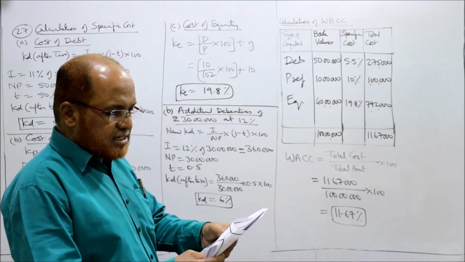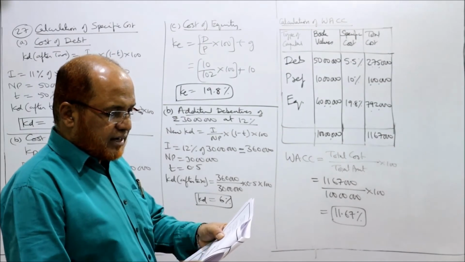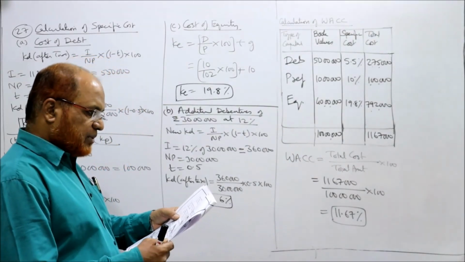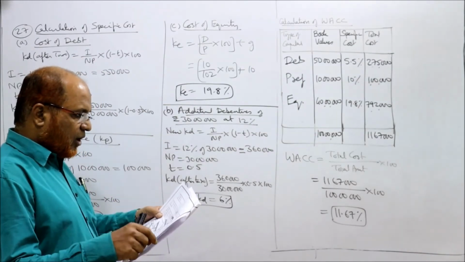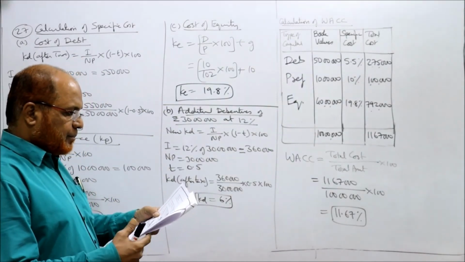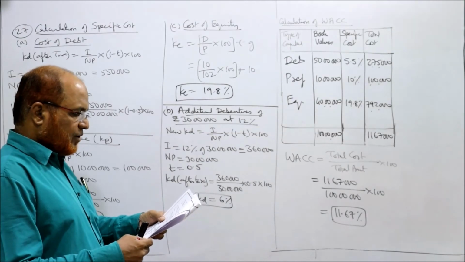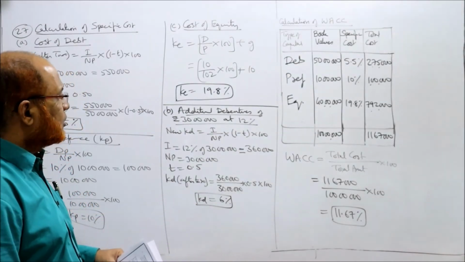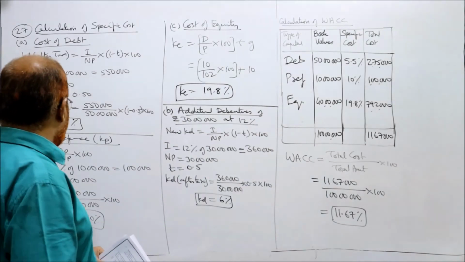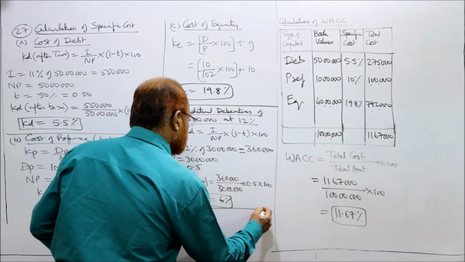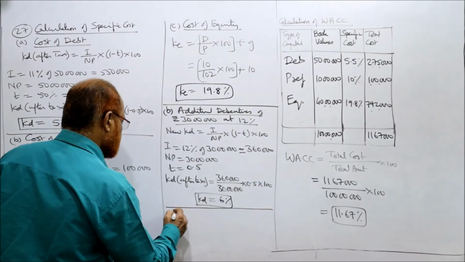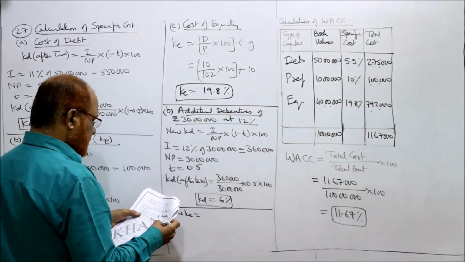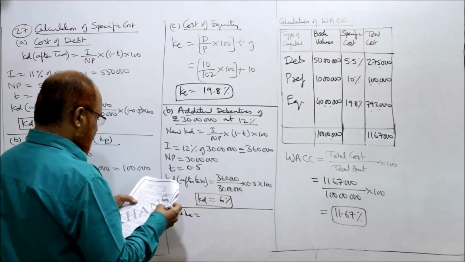If the resultant changes are increase in dividend rate from 10 rupees to 12 rupees, reduction in growth rate from 10 to 8%, and fall in the market price of share from 102 to 92. So new KE we have to calculate. New KE. So D, how much is the dividend?